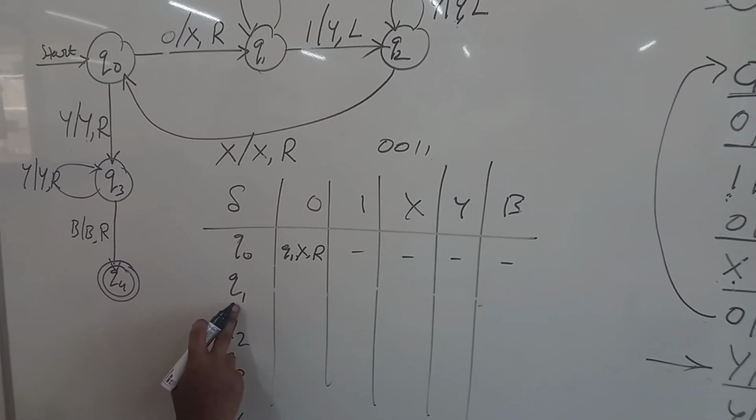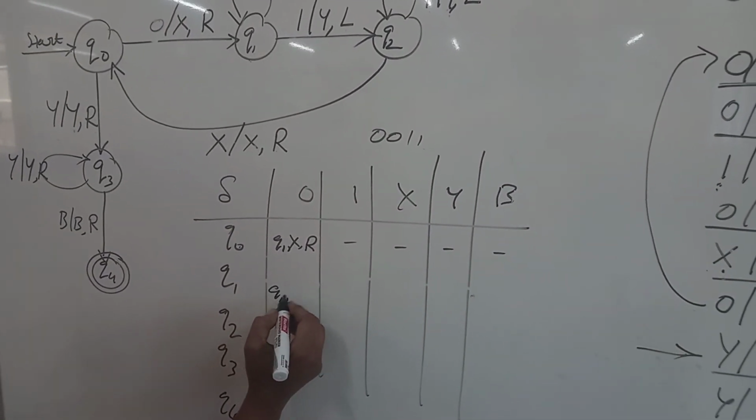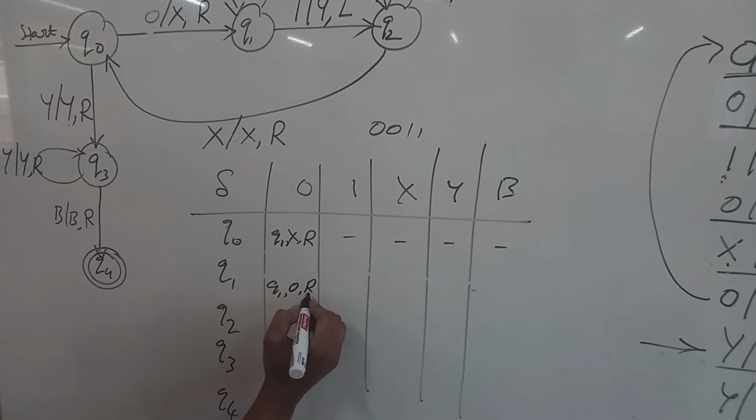Now we are at the state Q1. In the state Q1 for input 0, we remain in state Q1, retain 0 as it is, and move to the right direction. For input symbol 1, we reach the state Q2, change that 1 to y, and move to the left direction. For x there is no transition. For y, we stay in state Q1, retain it as it is, and move to the right direction.